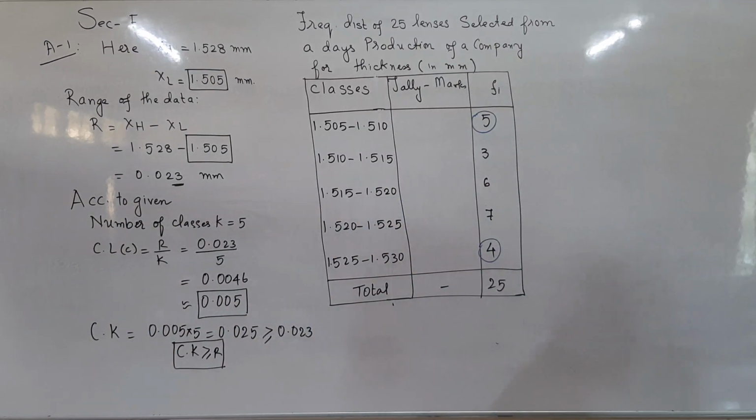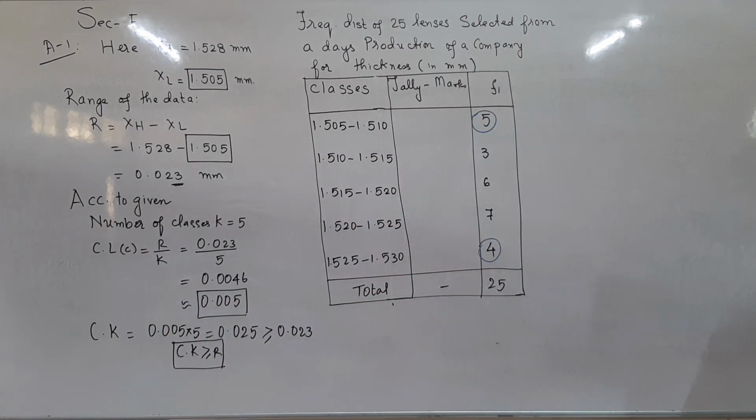So it should be more than or equal to. So if the lens has thickness less than 1.510, which is definitely 5, and more than or equal to 1.525, which is 4, then what percentage of lenses are defective?